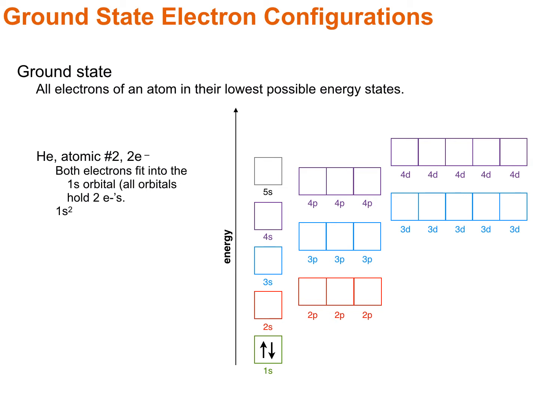So you'll notice here that the rule is essentially that I have to fill lower energy orbitals before I fill any higher energy orbitals. So I'm going to place the second electron spin down, and I'm going to fill the 1s orbital. Okay, and then you'll also notice to the left I have the electron configuration of it as 1s2.